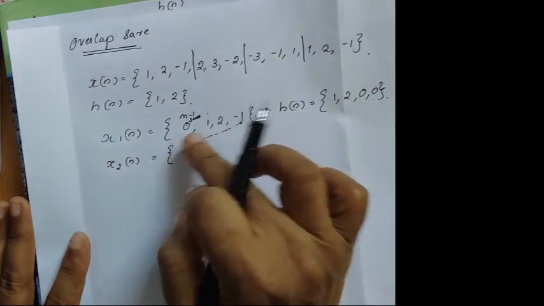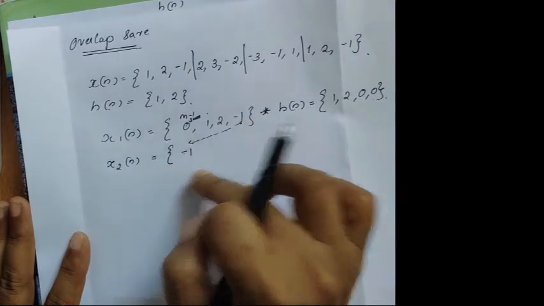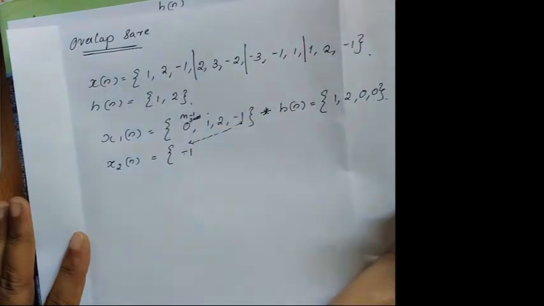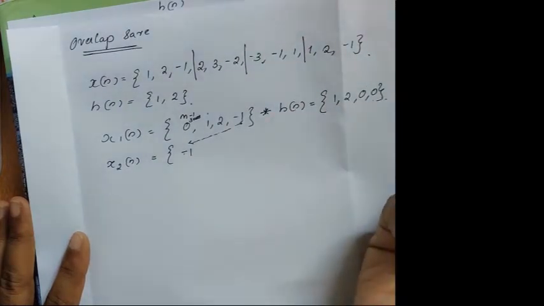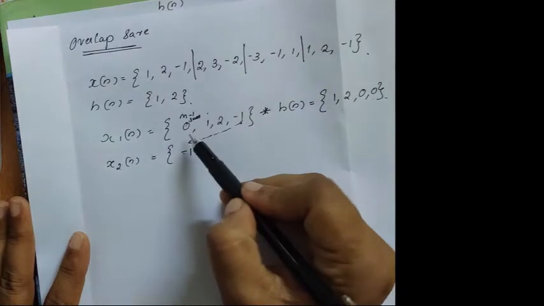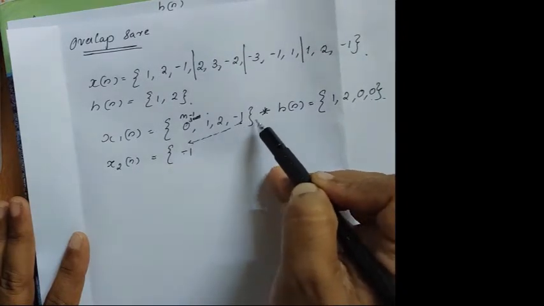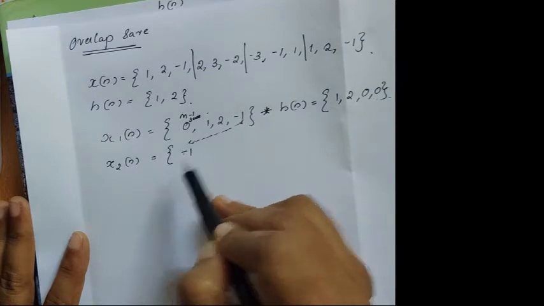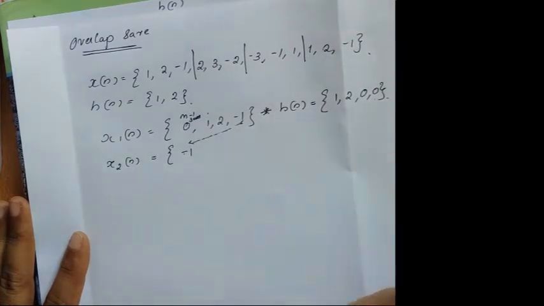If you have added 2 zeros over here, the last 2 data should be taken in the first. That means 2 minus 1 will be here. Now you have added only 1 zero, so one data of the last section should be saved to the next section. That is the overlap save method.